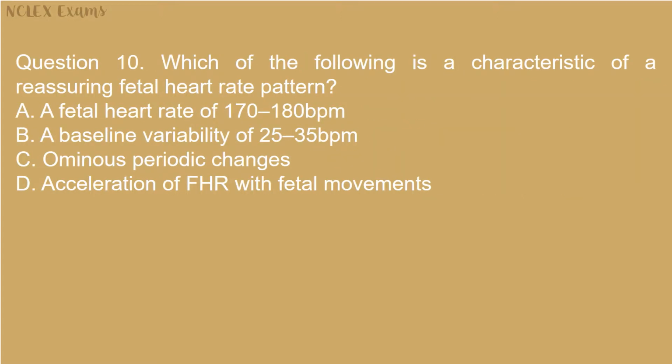Question 10. Which of the following is a characteristic of a reassuring fetal heart rate pattern? A. A fetal heart rate of 170 to 180 bpm. B. A baseline variability of 25 to 35 bpm. C. Ominous periodic changes.